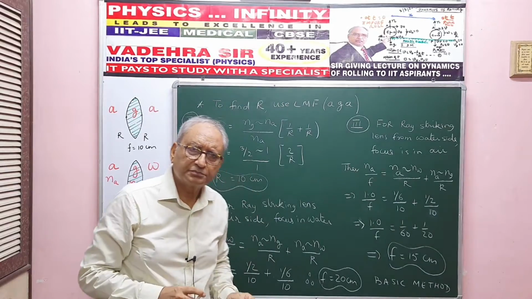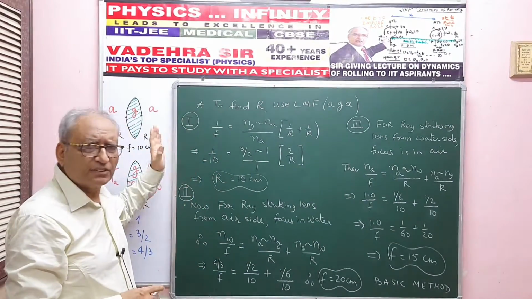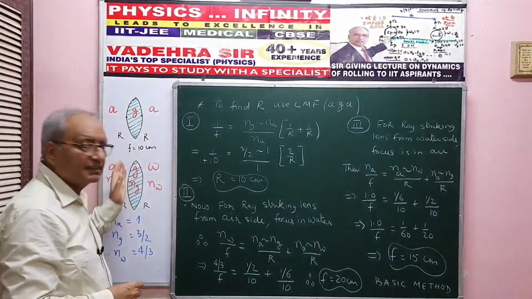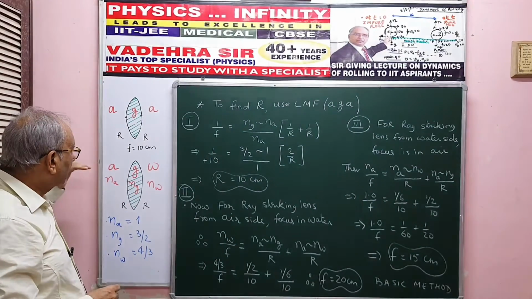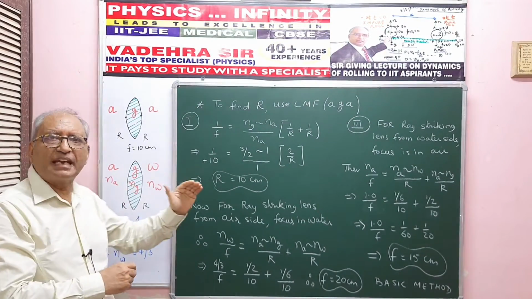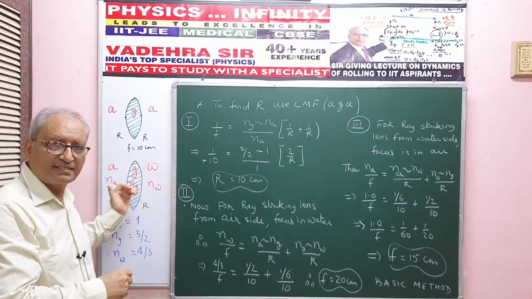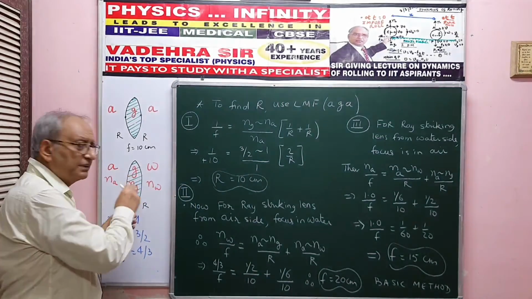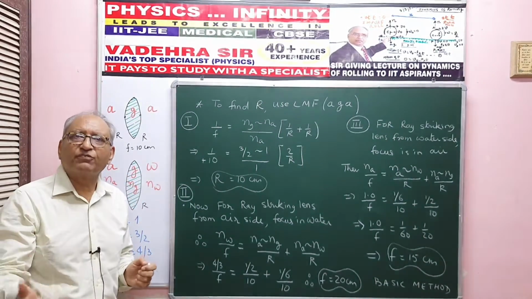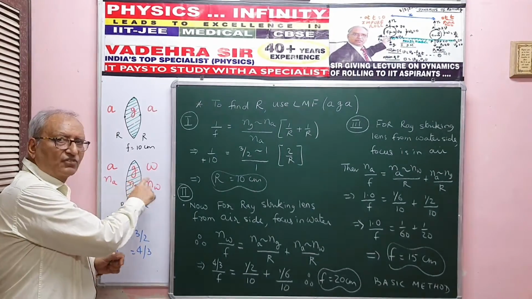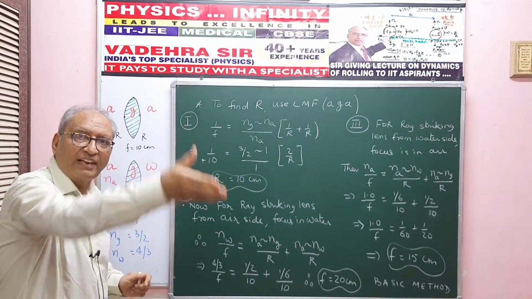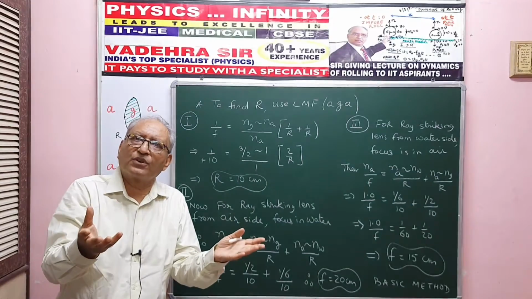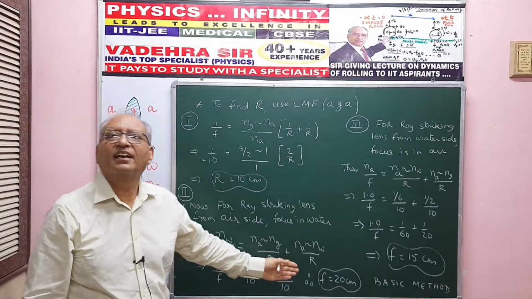So in the first case, R you have found. In the second, take rays parallel to the principal axis from the air side, apply the refraction formula for the first surface, then for the second surface, and find the final image. The final image is the focus. You'll get the answer 20.